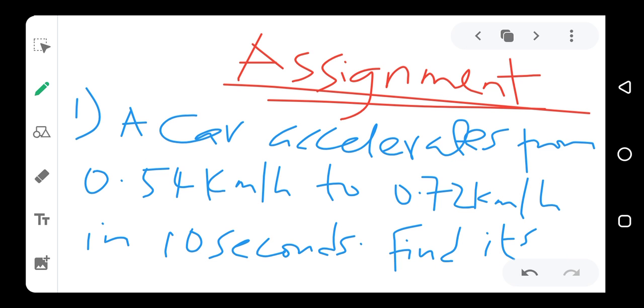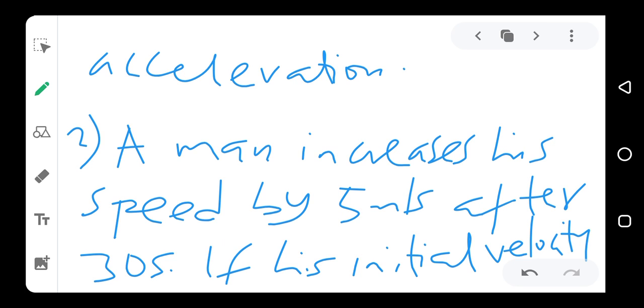It increases its velocity from 0.54 kilometer per hour to 0.72 kilometer per hour in 10 seconds. Find its acceleration.